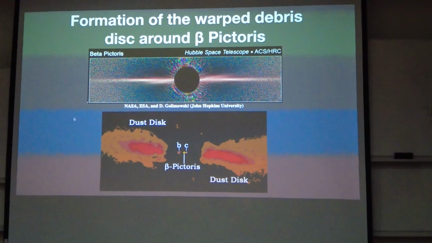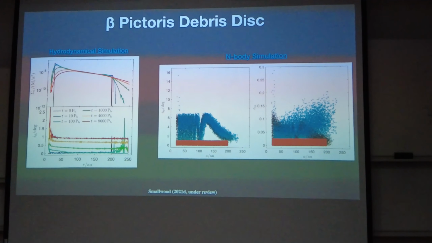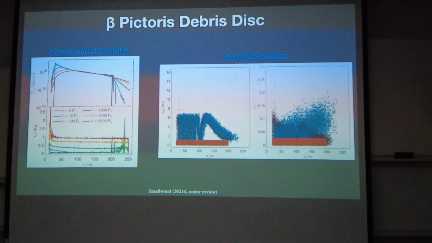So what I did for this paper is I did hydrodynamical simulations with the two planets, and these two planets are eccentric. What we see on the top panel is the surface density of the gas disk, and the bottom panel is the inclination of the gas disk. What I wanted to see is whether the warp is present in the gas disk phase, because I wanted to answer whether this warp is produced after the gas disk disperses or before.